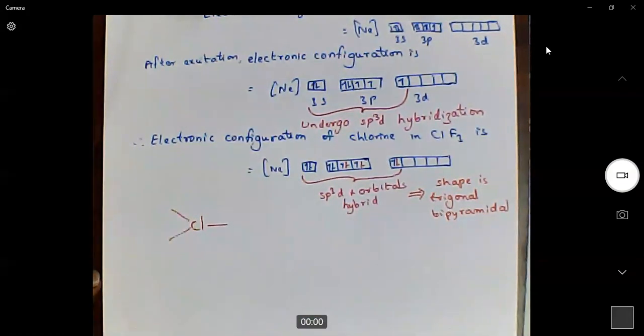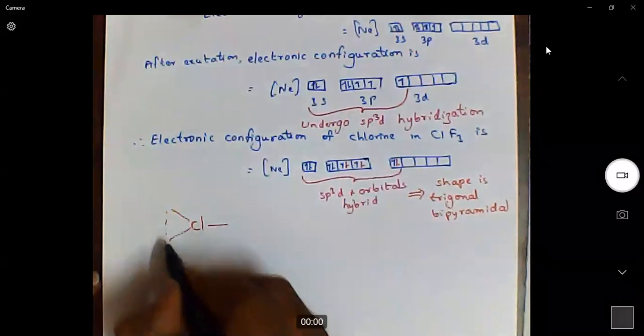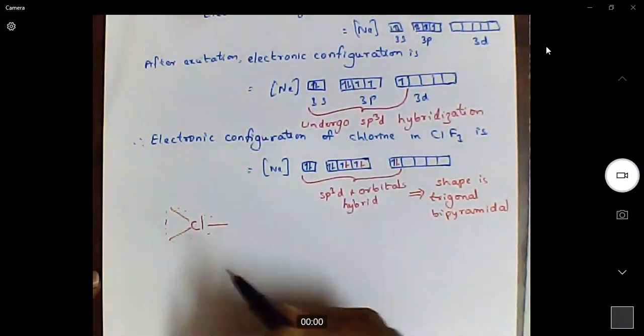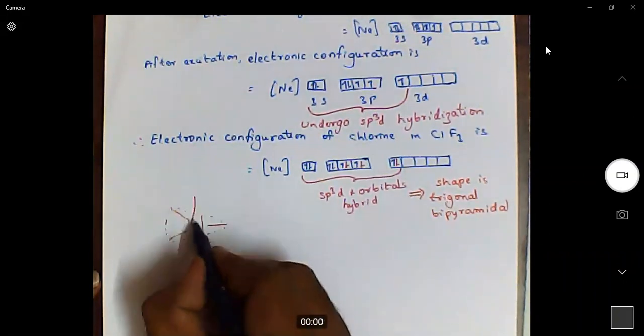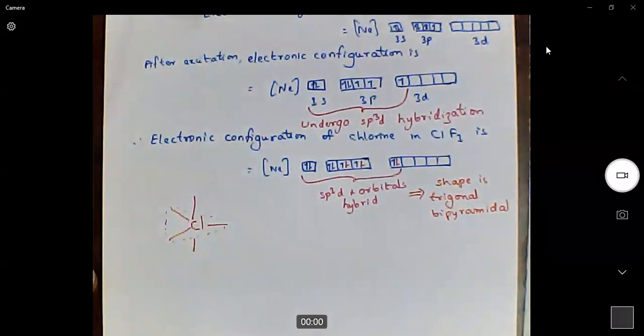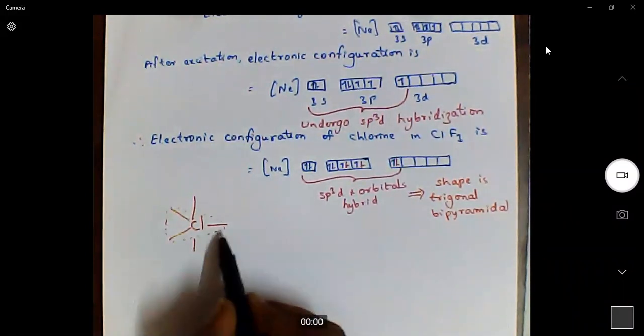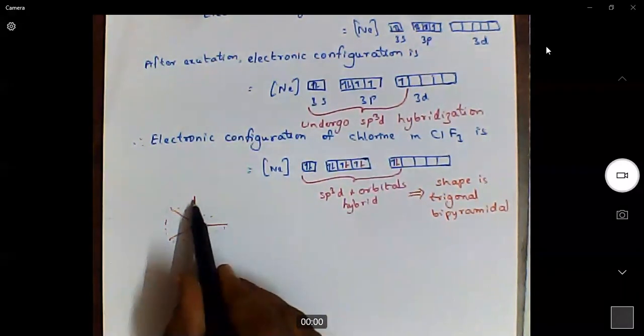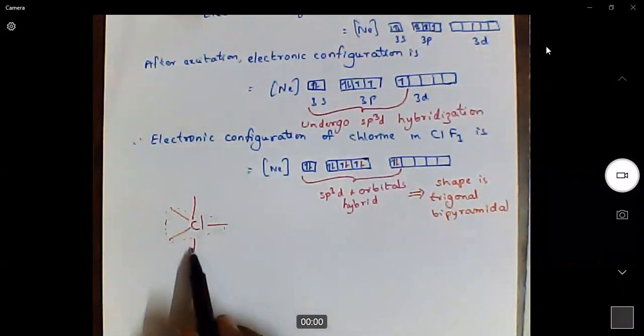This is the trigonal shape, and bipyramidal means one bond above the plane, one bond below the plane. This triangle is in the plane, and this bond is above the plane, this bond is below the plane.